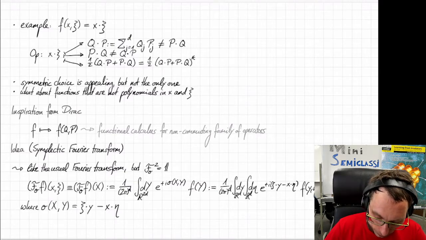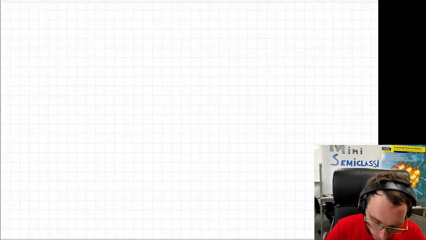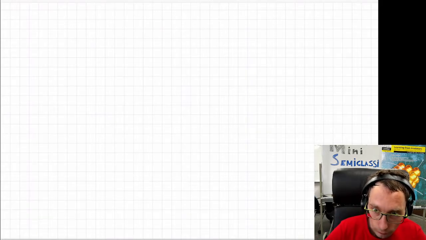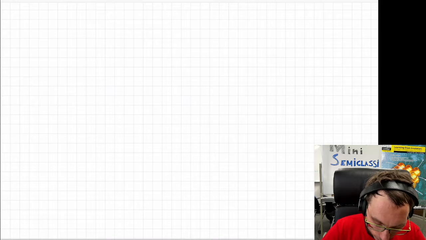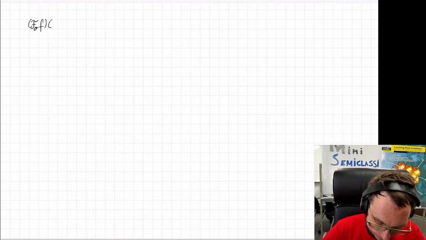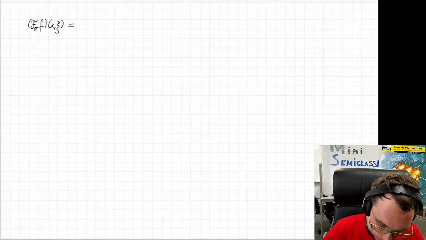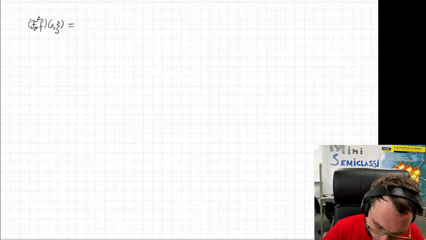And starting from that, I can just do the following. I can write out f sigma squared evaluated at x and psi. There should be a squared here.